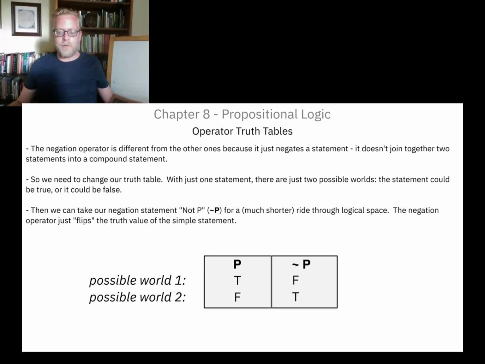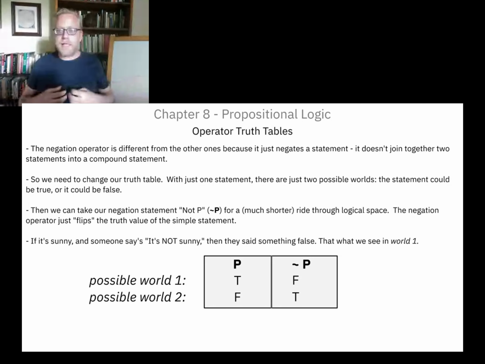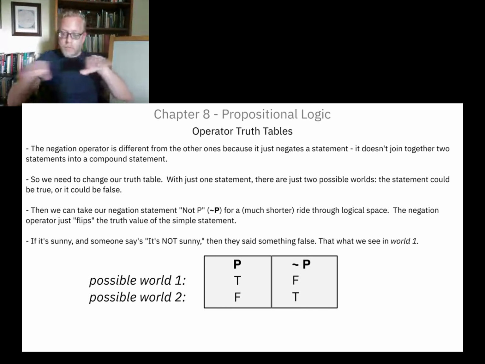Very, very simple, but it is one of these things where when you explain it, it almost sounds more complicated than the other ones. But it's not. It's very, very simple. Again, if we're in a world where it's sunny, and I say it's not sunny, then I said something false. That's world 1.